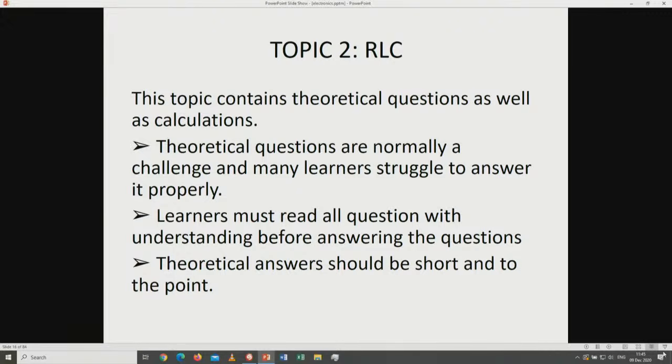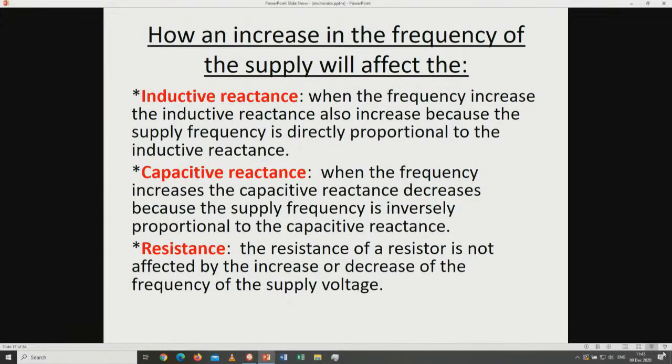So it's important to read the theory and also practice the calculations and understand the graphs and the circuit that you are given. Learners must read all questions with understanding before answering. Theoretical answers should be short and to the point. Okay, let us get to it now.